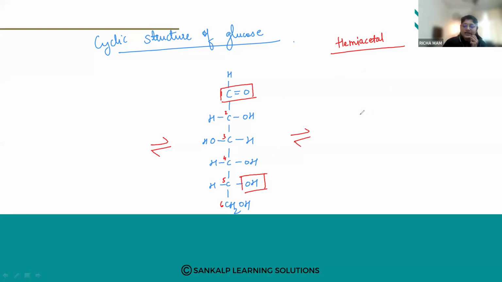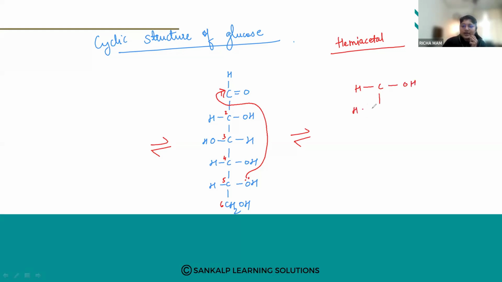Okay, how it forms? Let us see. So how it forms a six-membered ring, students. Let me show you. So here the bond is formed between the OH of the fifth carbon and the first carbon, between the first and the fifth. So the bond is like this. So it will form a hemiacetal structure.